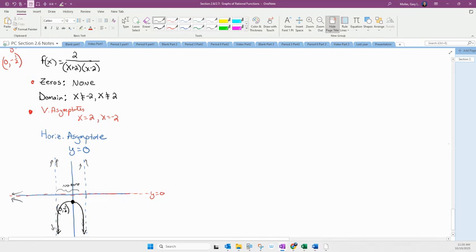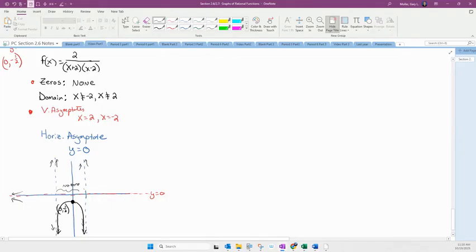So I'm going to do an analysis that I'm going to do a lot of. I'm going to go to the factored version, and I'm going to plug in a very large positive number. It could be a billion, it could be 10, whatever's easiest to do the math on.